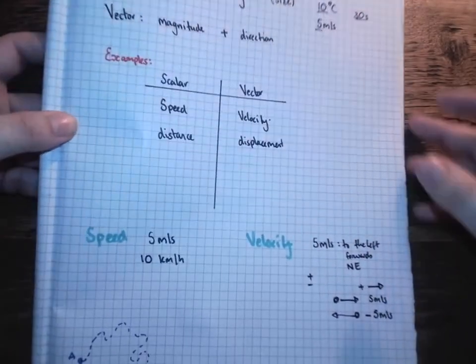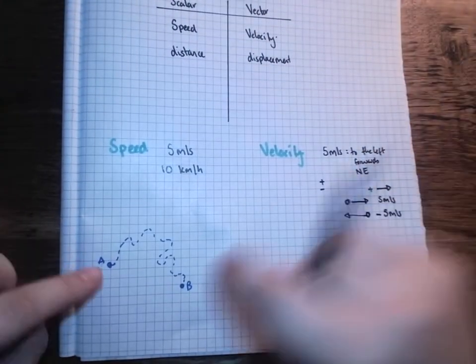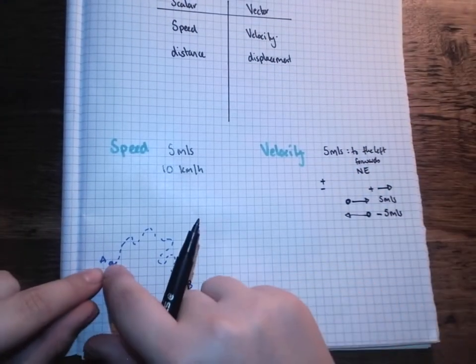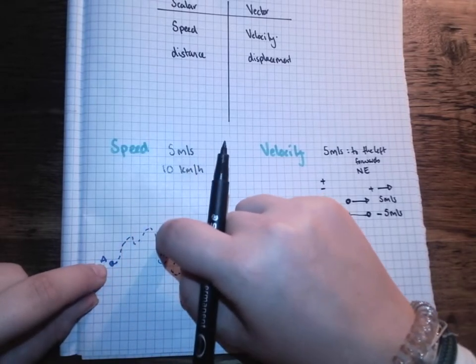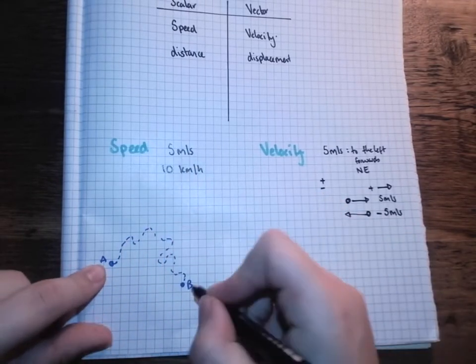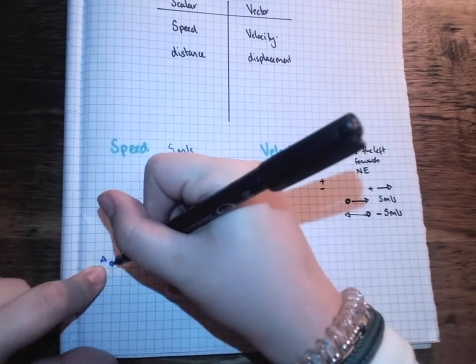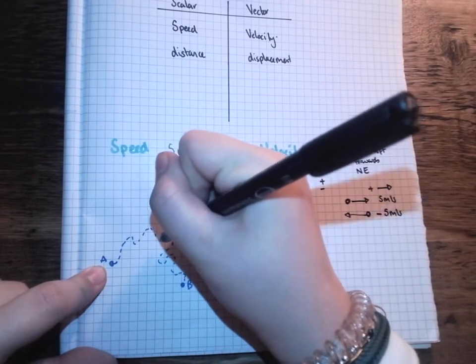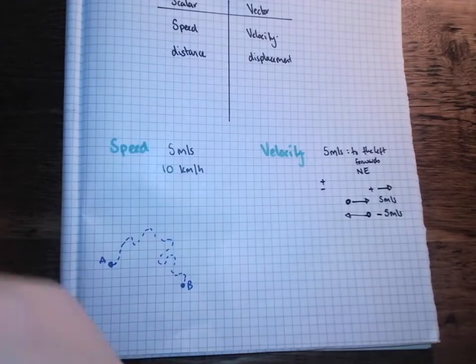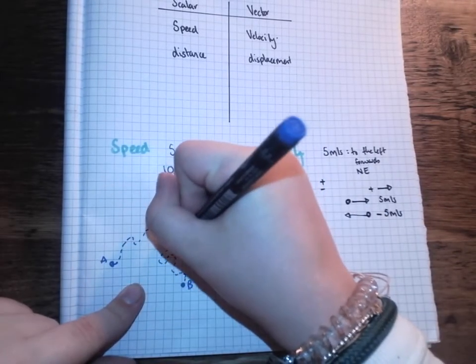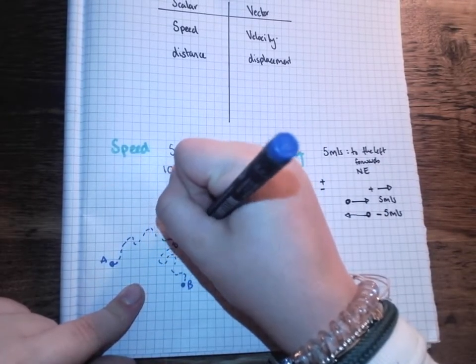I'm just going to move this up a little bit, and hopefully you can see down here, I've got a person and they started at position A and they've gone along this little path all the way to position B. This is the magnitude of which the person has covered. So this up here would be the distance that they have travelled.